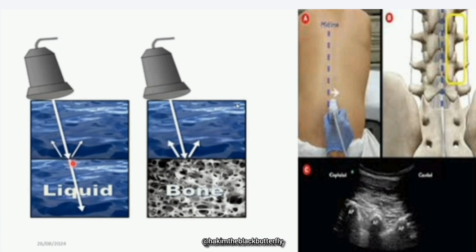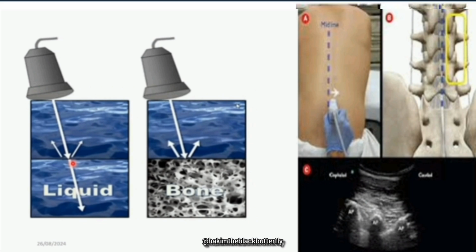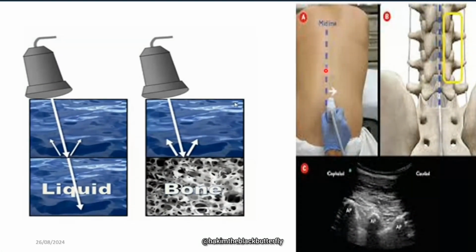But if it's bone, you won't see anything underneath the bone. For example, in this image we have the vertebral column. If you try to look at the vertebral bones by positioning your transducer there, you realize that at those points you won't see anything beneath them, because these bones can't allow easy passage of these ultrasound beams.